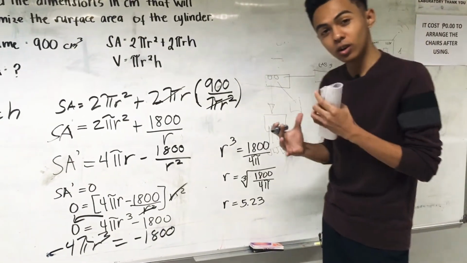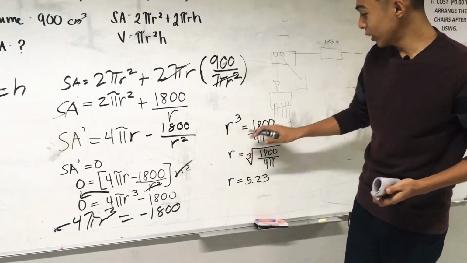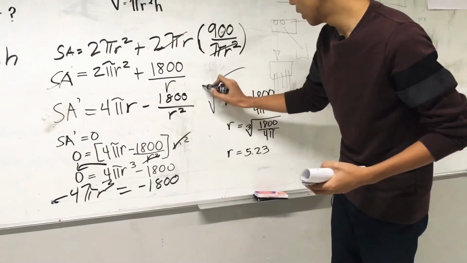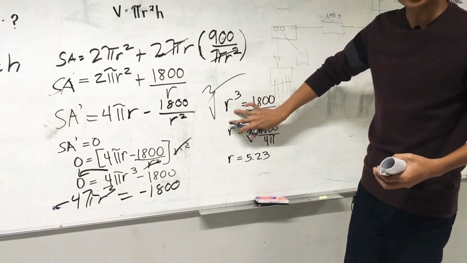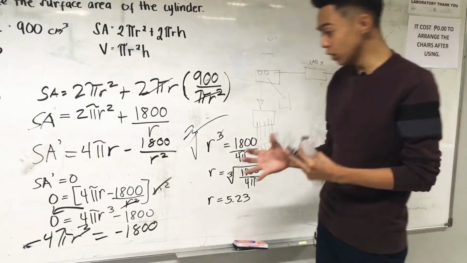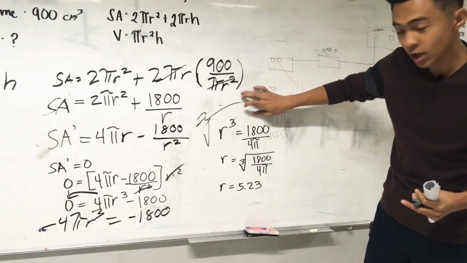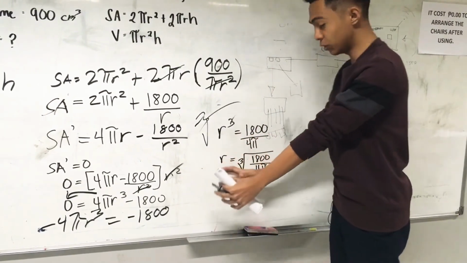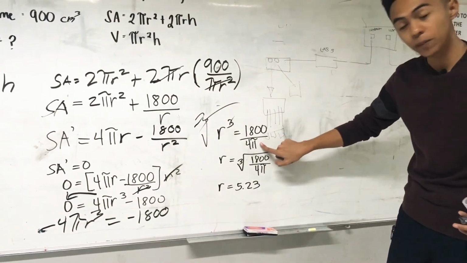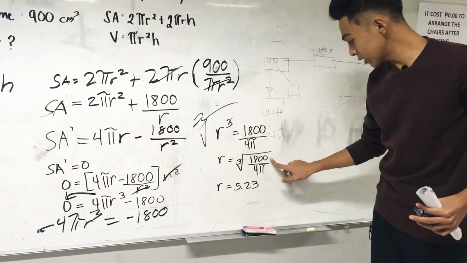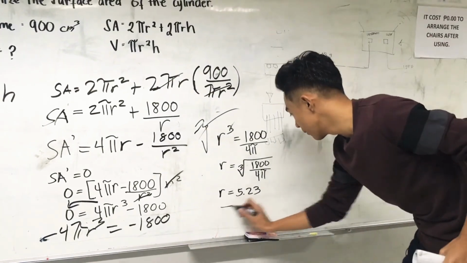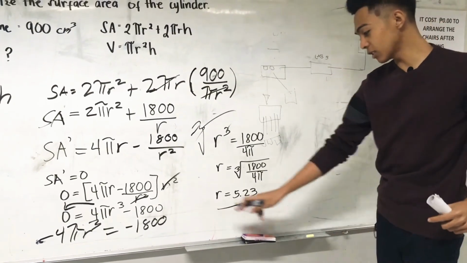Since we're looking only for r, we need to cancel this cube by taking the cube root. As the rule goes, what we do to one side, we need to do on the other side also. So r is the cube root of 1,800 over 4 pi, which gives us 5.23. That's our r.